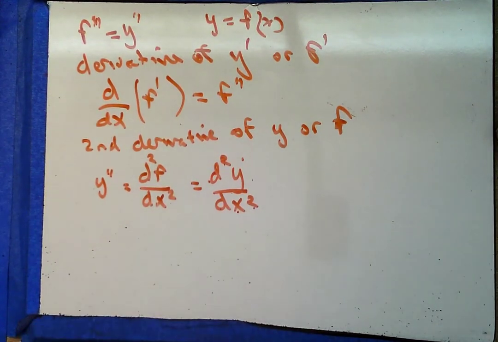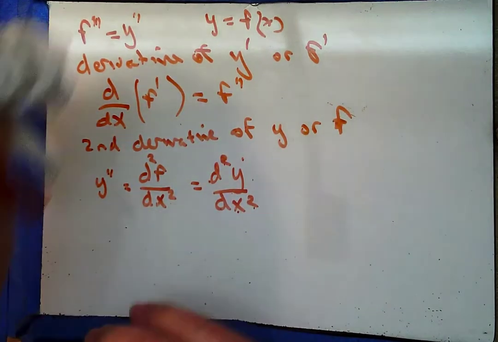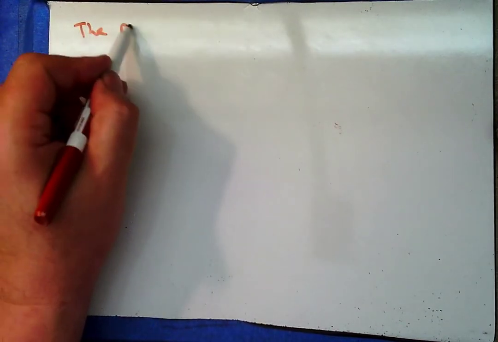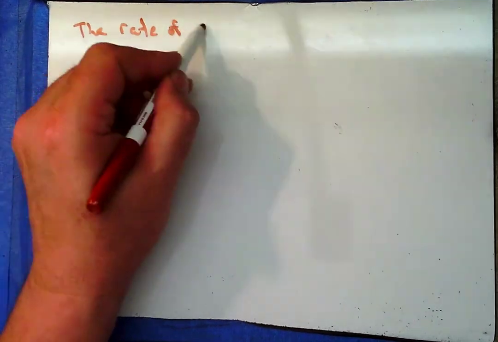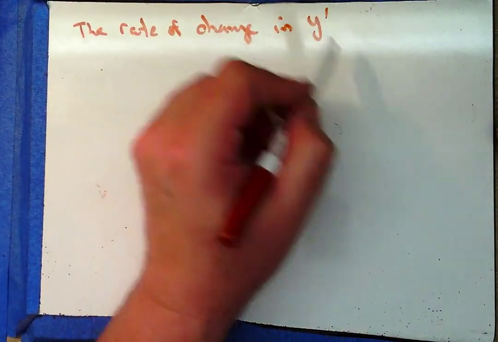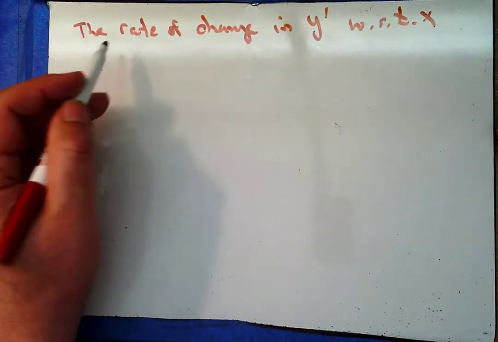Okay, so we've got a lot of stuff regarding notation for the second derivative, but what does it mean? Well, it's the rate of change in y prime with respect to x.